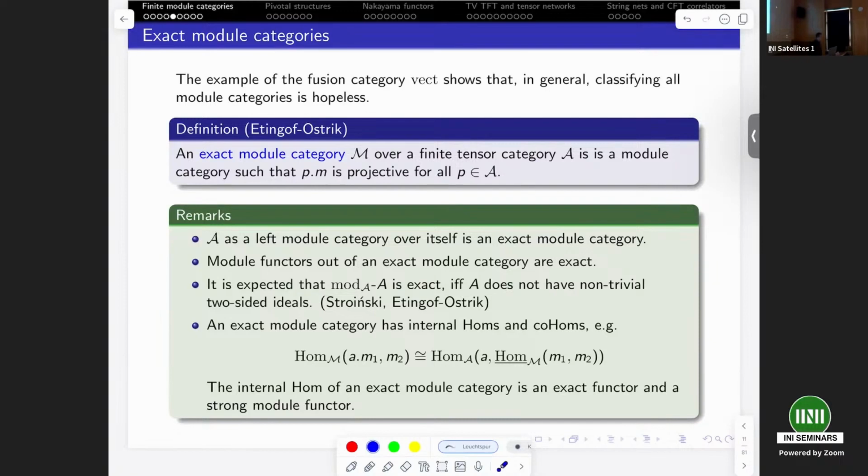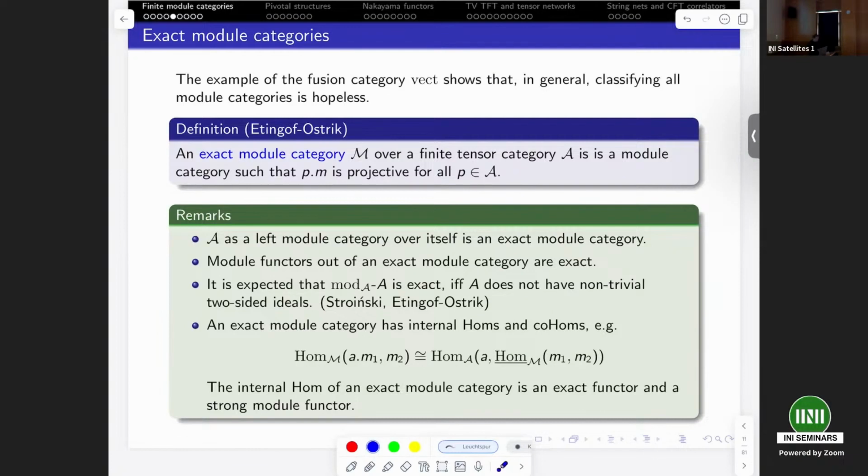It's a very strong property, and that explains the word exact. And there was something on the slides of Matti, which he unfortunately didn't have enough time to discuss in much detail, but the question in which case, given an associative algebra A, the module category given by right A-modules is exact has been an open question for quite some time, and there has been important progress recently.